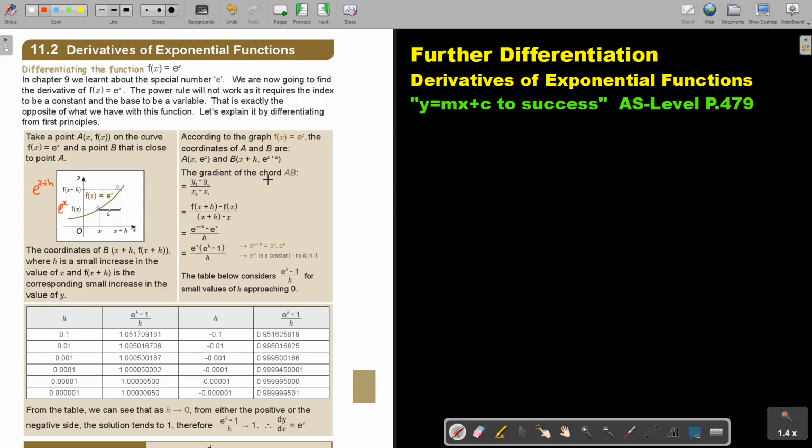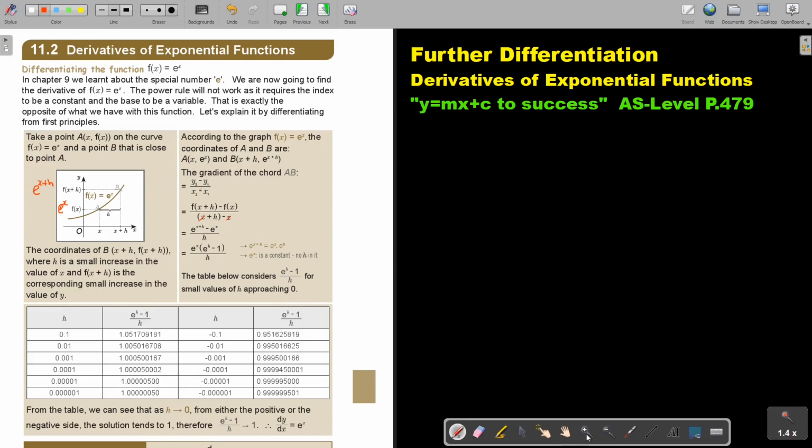So the gradient of the chord, this is my coordinate point, (x, e^x), (x+h, e^(x+h)). The gradient of the chord is the difference in y, so it's the difference in these values, this minus this, and then the difference in x, this minus this. But if I look at it, I will see that the x will cancel out. There's the h, and I'm left with this.